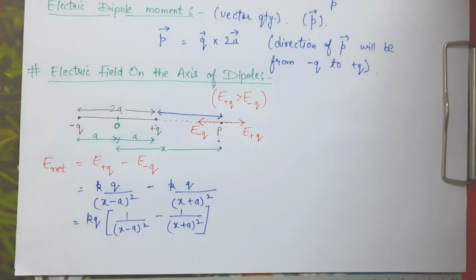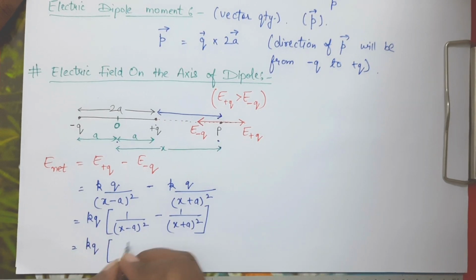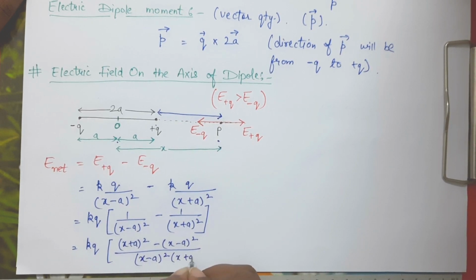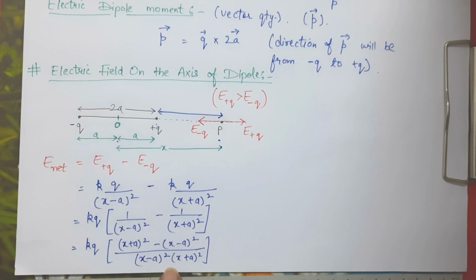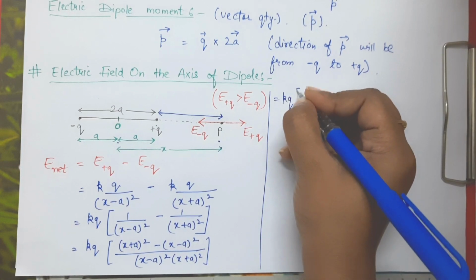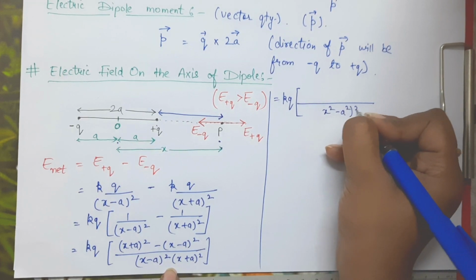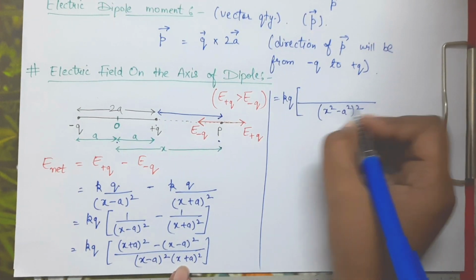this part, right? Now we will take the LCM. After taking LCM, we will get this part. Now KQ is outside, and this denominator we can write as x square minus a square whole square, right? Now this is basically a mathematical formula, so we can write it as this.